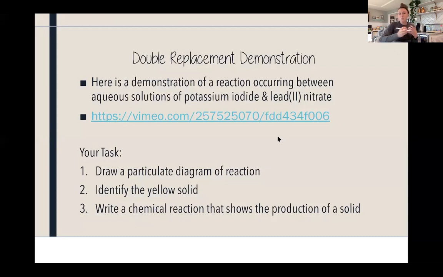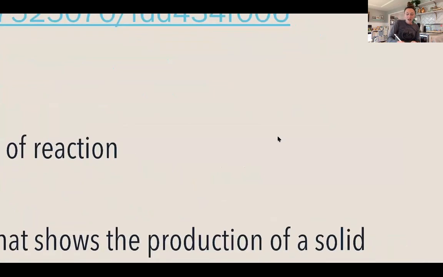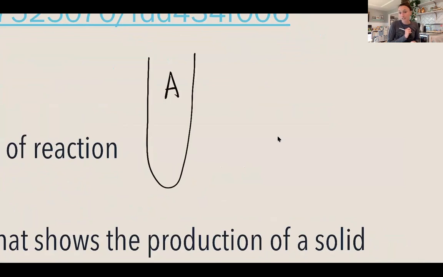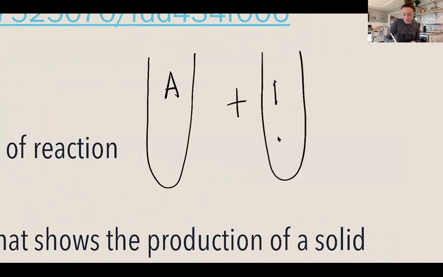So just like the ones that we saw in the animation that I showed you, they had a test tube that showed us what reactant A looked like on a particulate level as a solution. And they had another test tube that showed us alone by itself what B would look like.